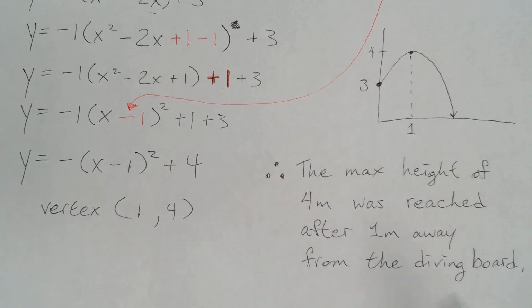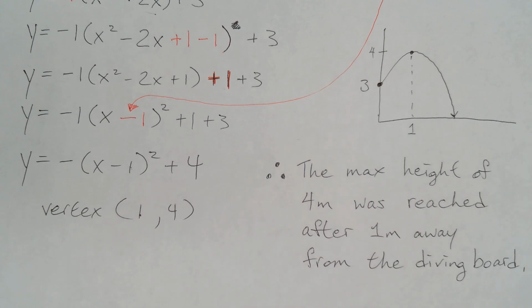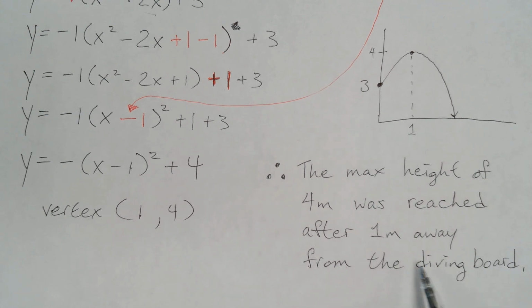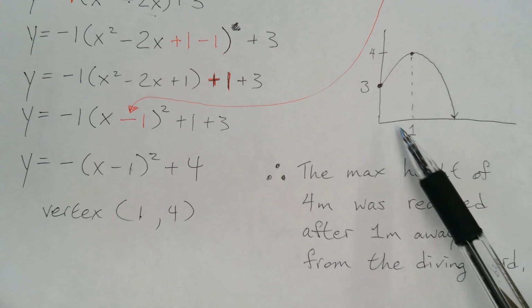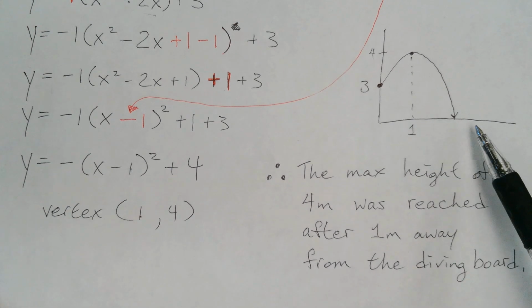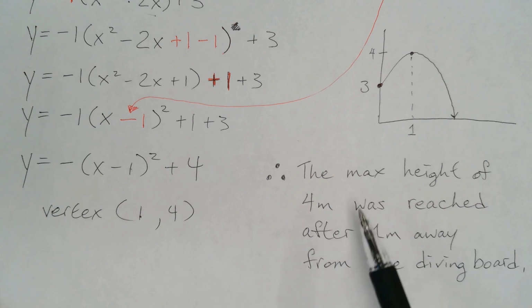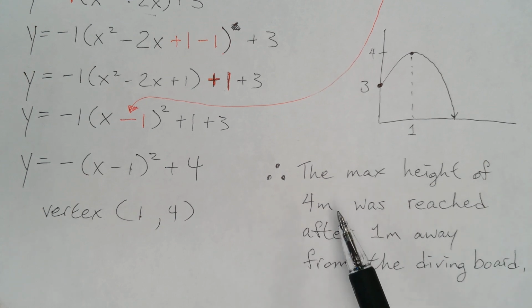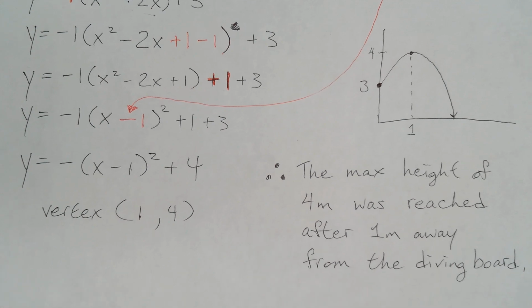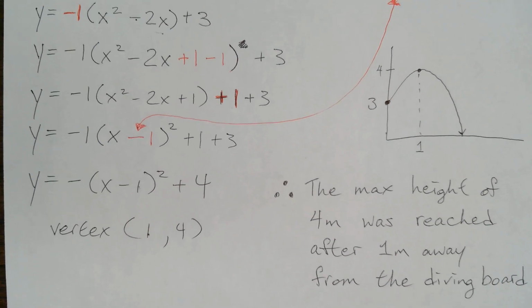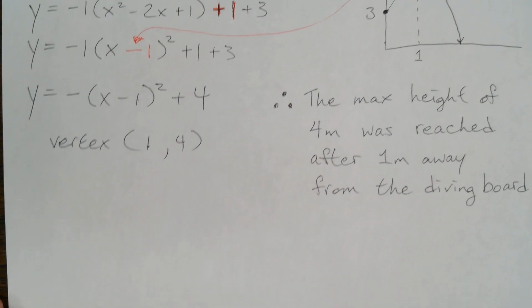But in this case, they use distance away from the diving board. So that's why it sounds a little weird, but that's what it means. If x was represented by time, then your therefore statement might be the maximum height of 4 meters was reached after 1 second, for example. Okay. All right, so that was number 14.